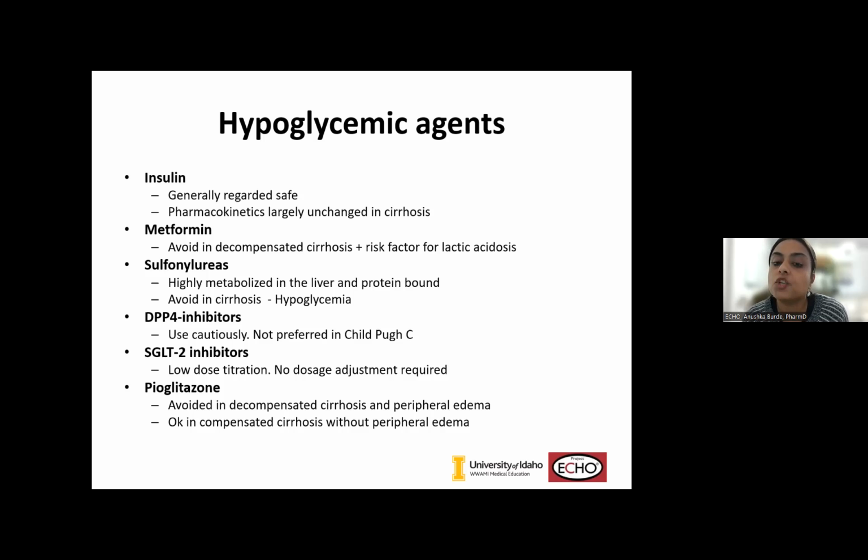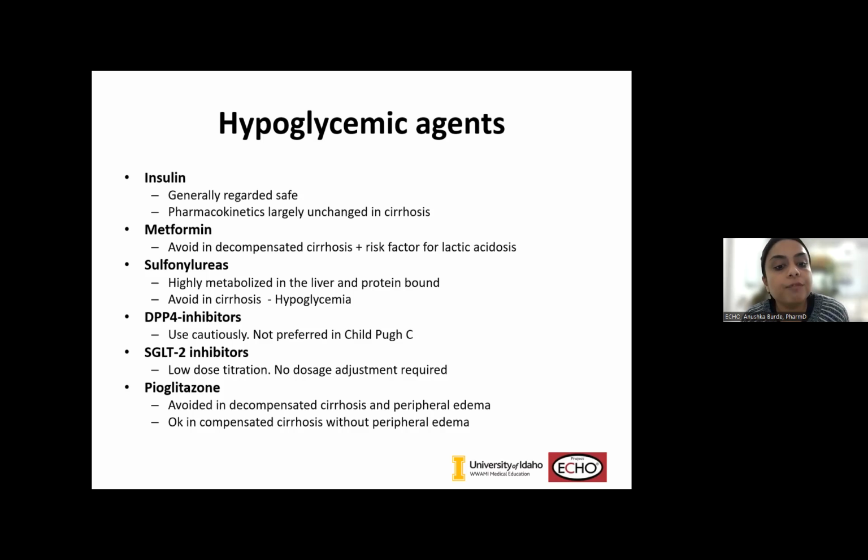And then sulfonylureas, such as glipizide, are highly metabolized in the liver and also are highly protein bound. And since in patients with decompensated cirrhosis the albumin and protein levels are pretty low, there's again increased risk of higher concentrations of these medications, which, if present in excessive levels, can put the patient at really high risk of hypoglycemia.